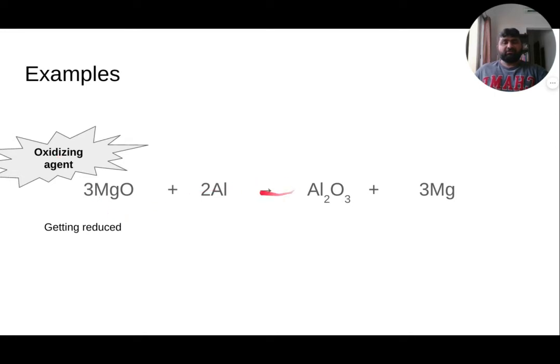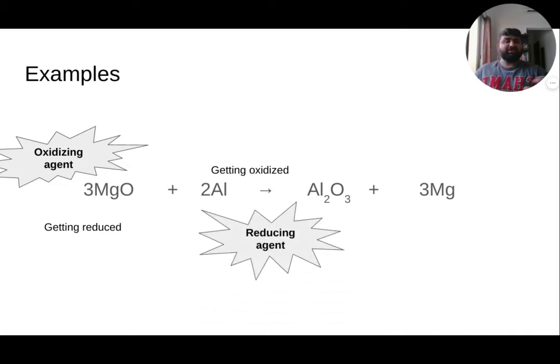Let's talk about aluminum. Aluminum goes to aluminum oxide. What is happening to aluminum? Oxygen is added. When oxygen is added, that means aluminum is getting oxidized. So anything that is getting oxidized is called the reducing agent. So there could be four different questions using one single equation.